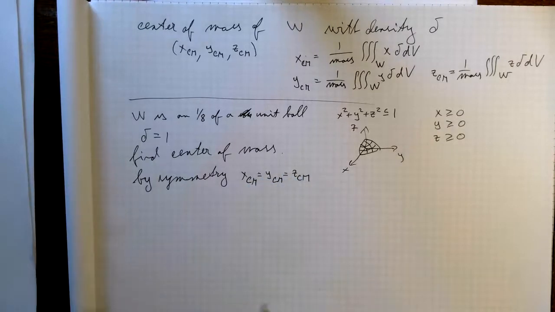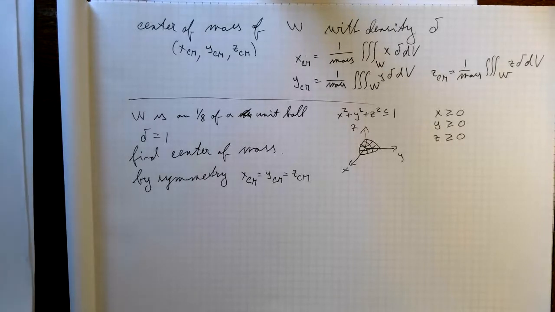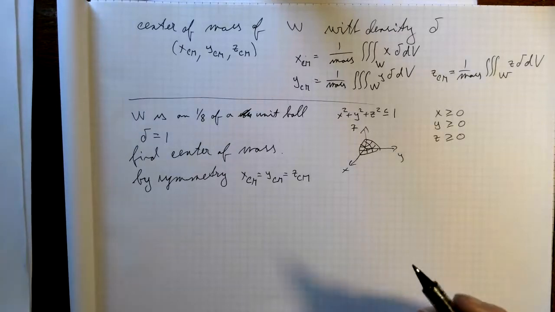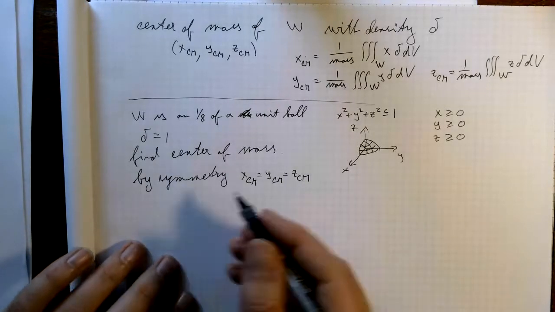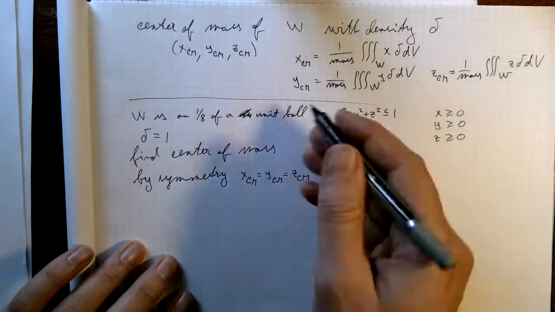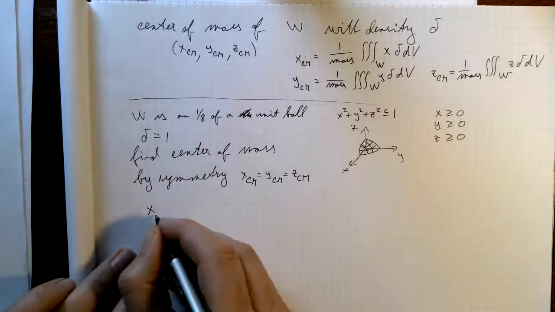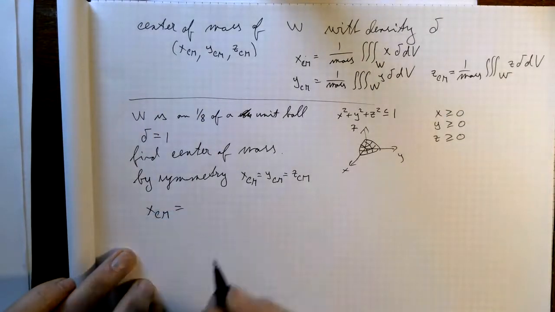If you think about it a little bit more, if you write down what it is, you'll see that it has to be the same thing. Let's say x_cm. What is x_cm?